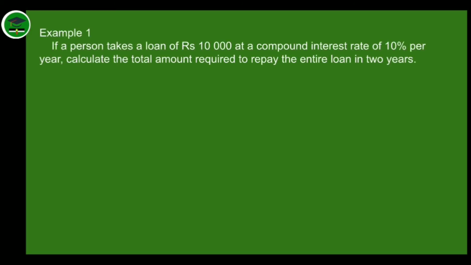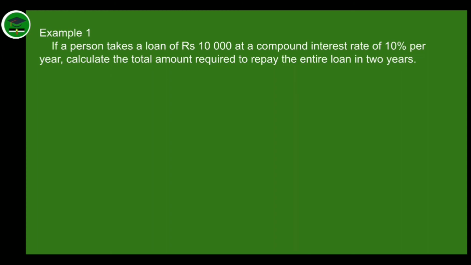Take one example. If a person takes a loan of 10,000 rupees at a compound interest rate of 10% per year, calculate the total amount required to repay the entire loan in 2 years. The borrowed amount is 10,000 rupees at a compound interest.